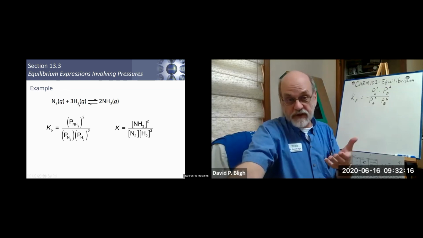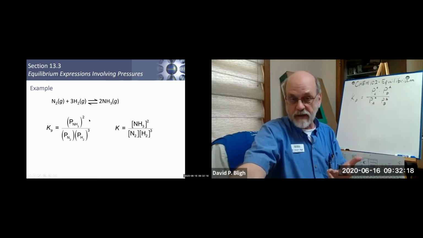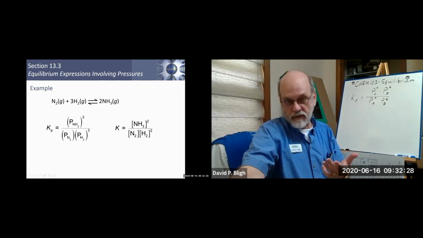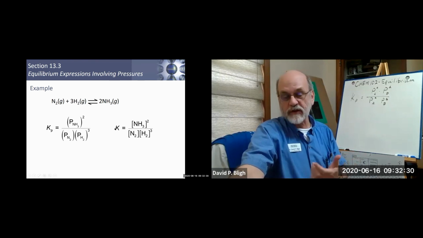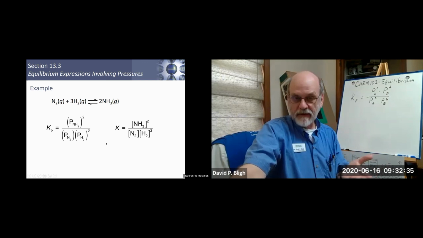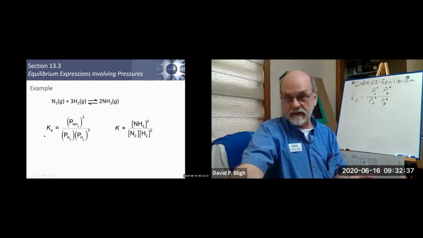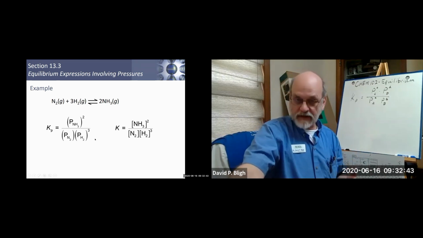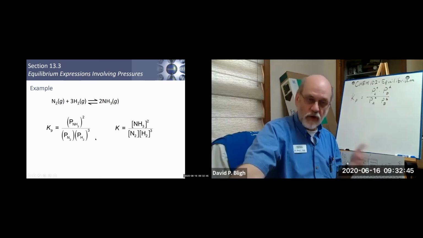Right, for this particular reaction that we've looked at already, we could express this in terms of Kp, right? Partial pressure of product to the second power, reactants to the first power, hydrogen to the third power. Or we could express it in terms of molarity, like that. But these Ks are not the same because we started with different units. But fortunately, there is a way to convert one to the other.